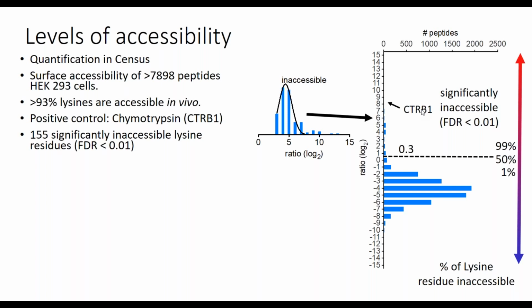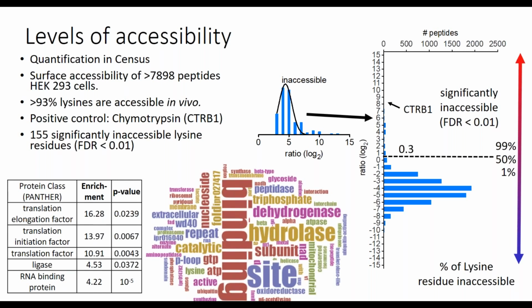We therefore focus our analysis on these 155 significantly inaccessible lysine residues with a false discovery rate of 1%. Analyzing the proteins having these inaccessible lysines, we show that there is a significant enrichment in protein classes like translational elongation factors, translation initiation factors, ligases, and RNA binding proteins.